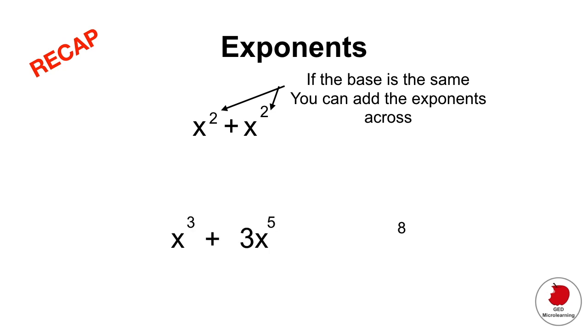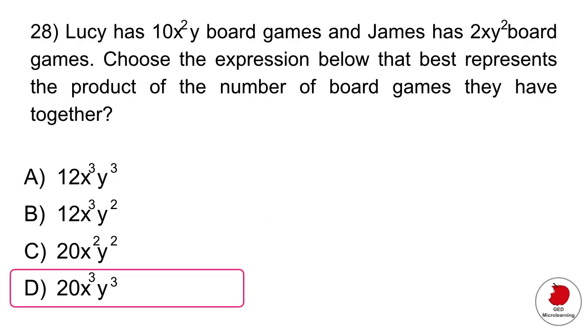So in this example, if you have x raised to the third times x raised to the fifth, since the base is the same, it's an x term, all you have to do is add those exponents together, and it gives you that. In this case, that is why we were able to add the exponents of the x terms and y terms together. So the correct answer is D, which is 20x to the third, y to the third.